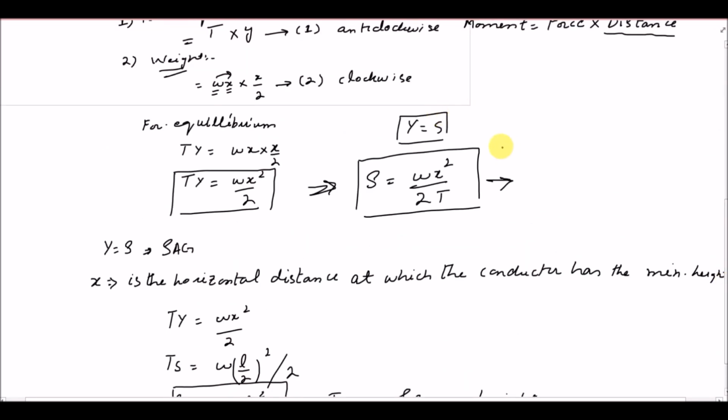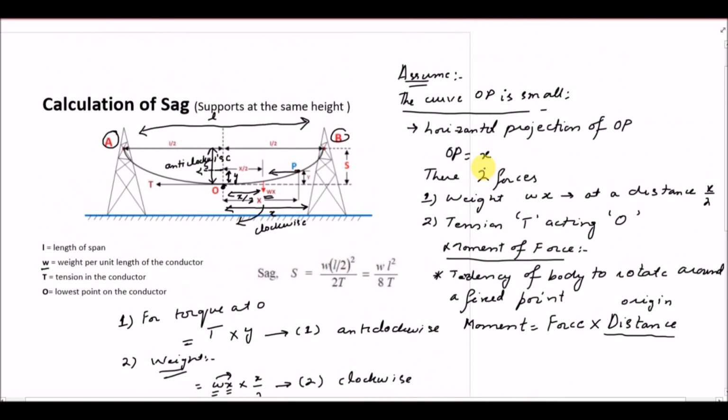And we also have the generic formula, which is for all the cases. What I have done is found the two forces. One is the weight that is acting downward, and the second one is the tension that is acting in the anti-clockwise direction. So we have one force in the anti-clockwise direction and the other in the clockwise direction.